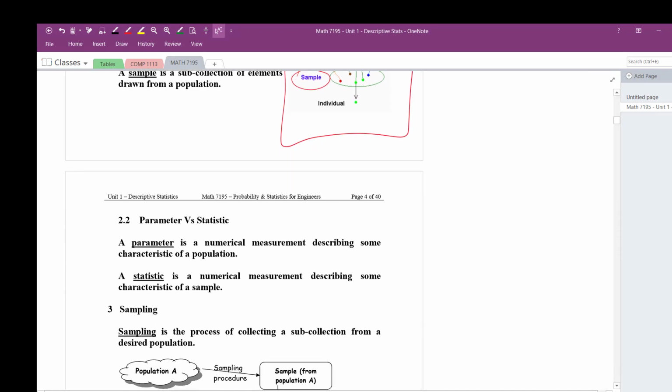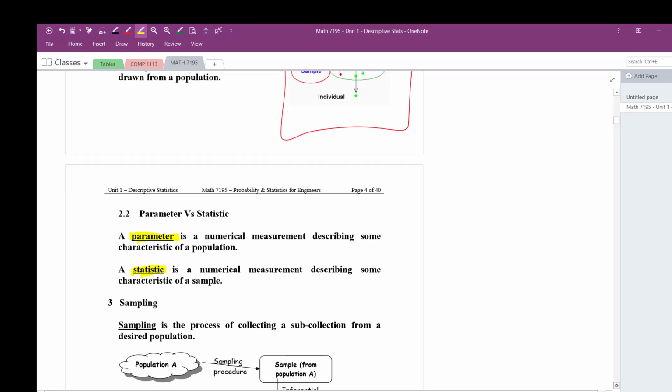When we're studying the entire population, or looking at attributes of an entire population, we call those numbers parameters. And when we're studying samples and come up with numeric summaries, we call those things statistics. Usually we'll use Greek letters to indicate parameter values, and we'll use our regular alphabet to indicate statistics.